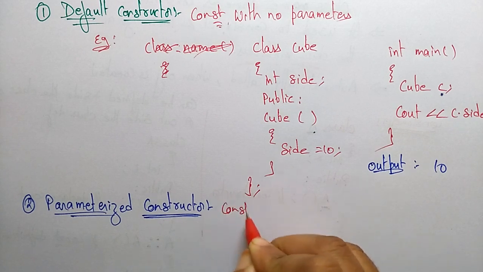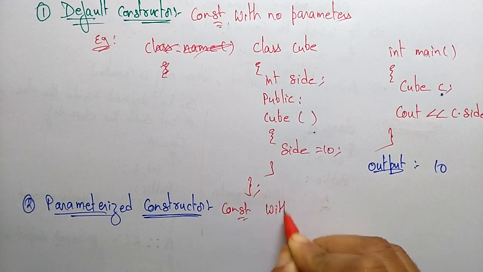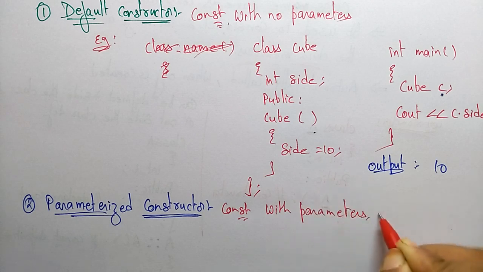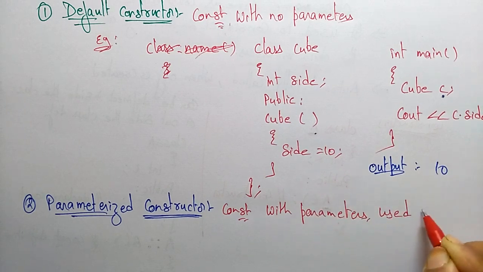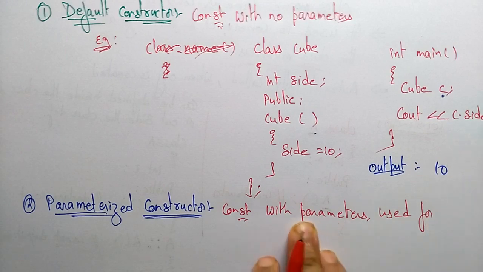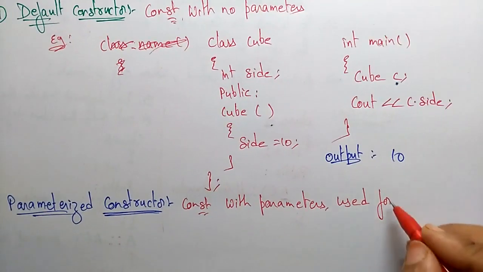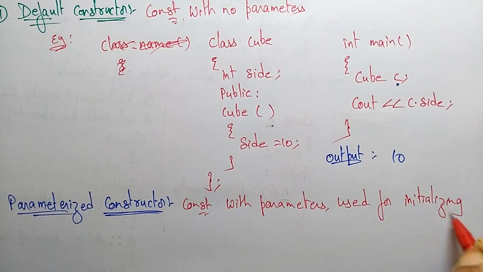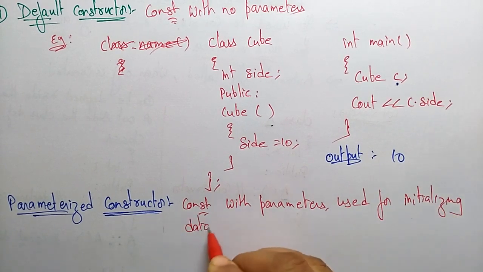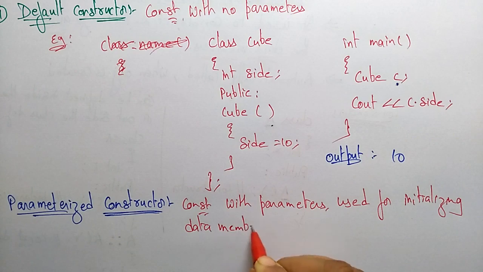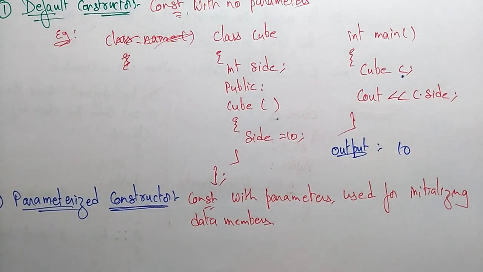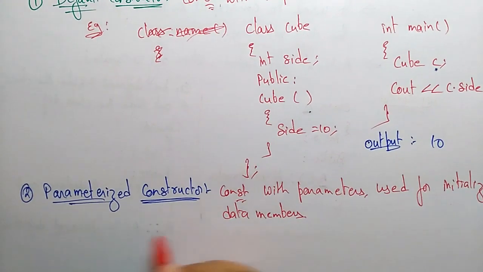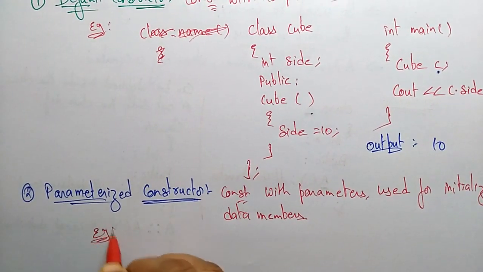So a constructor with parameters that are used for initializing data members, that you call a parameterized constructor. Let us see the example, then you understand.